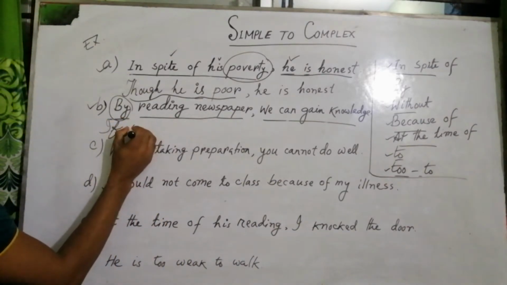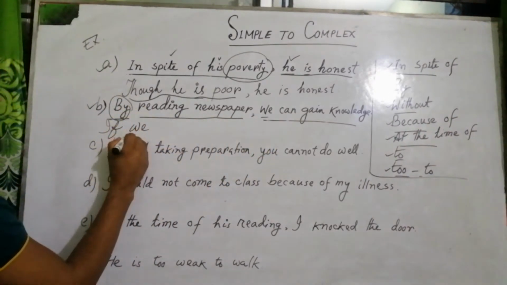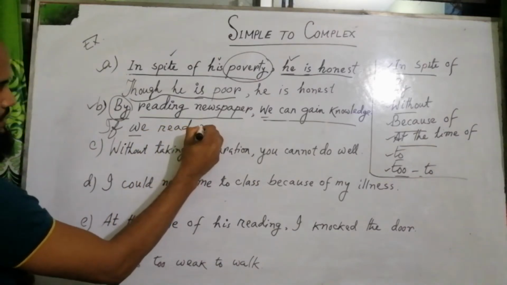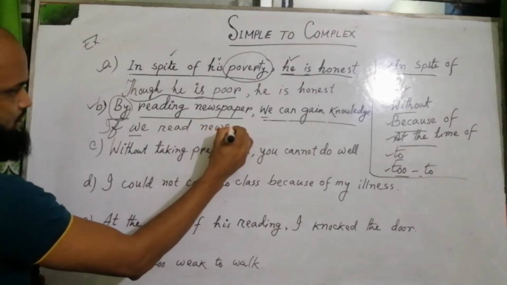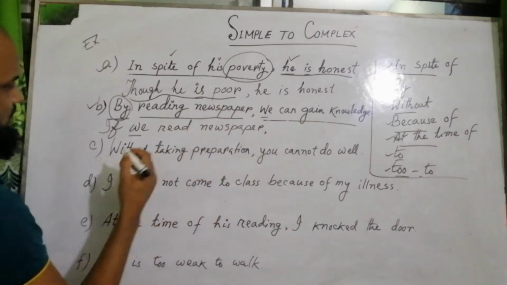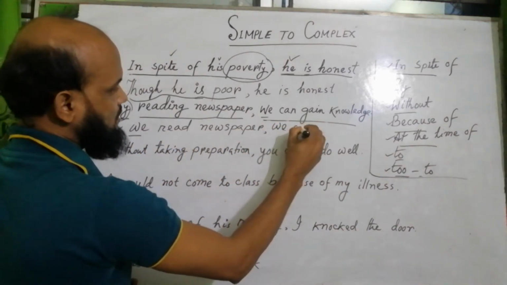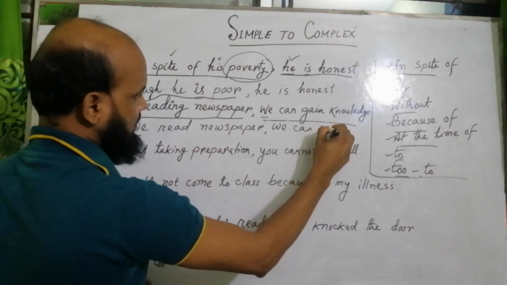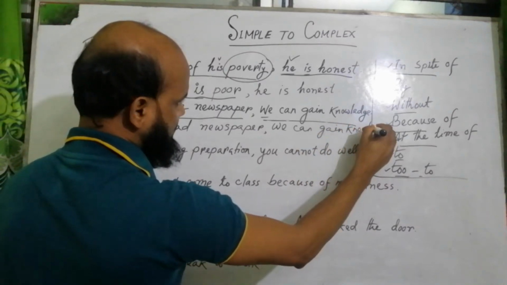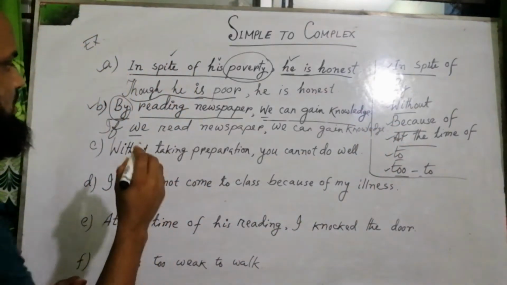Suppose if we, the subject, if we read newspaper, separating with comma, we can gain knowledge. We can gain knowledge.